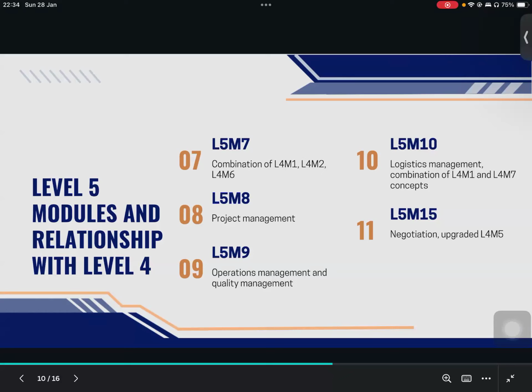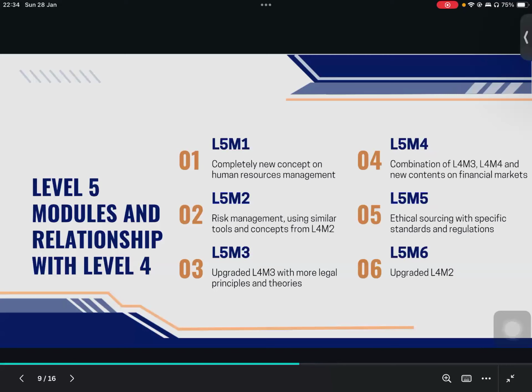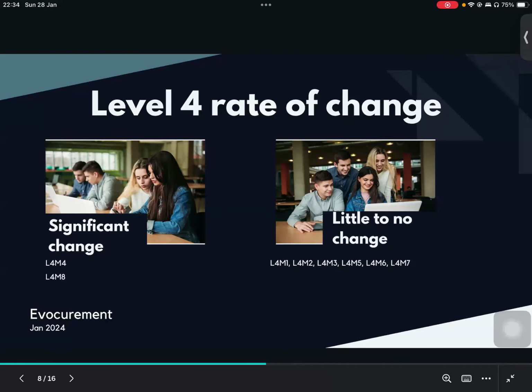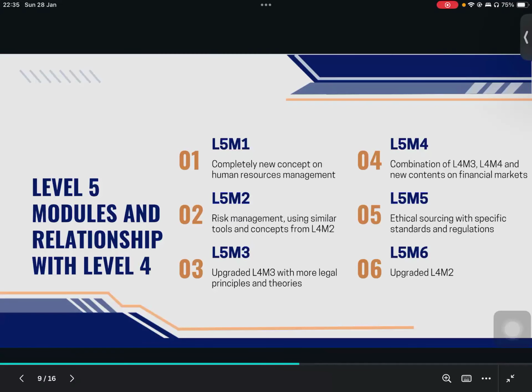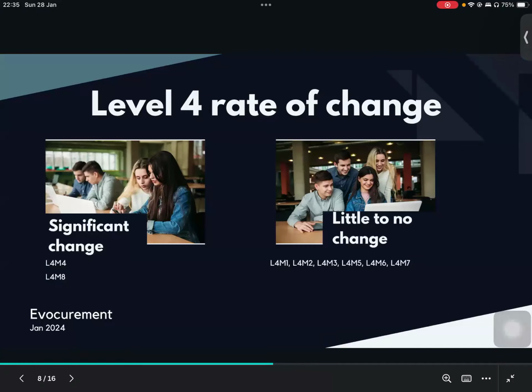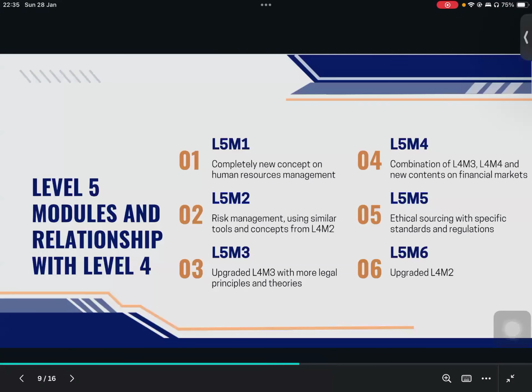So I have showed you some small changes in level 4 and the relationship between level 5 modules and level 4. Based on this information, I believe you can make your own decision about which module you should follow in this March.